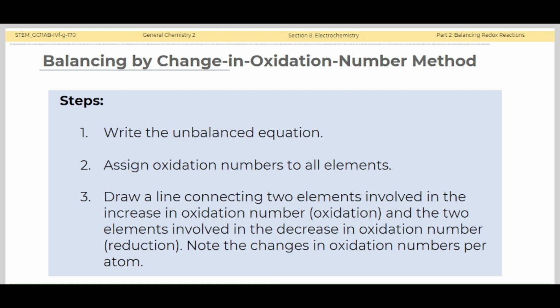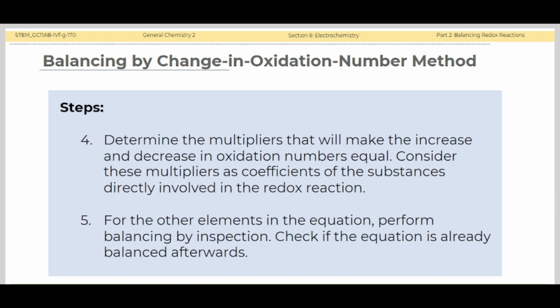Note the changes in oxidation numbers per atom. Number 4. Determine the multipliers that will make the increase and decrease in oxidation numbers equal. Consider these multipliers as coefficients of the substances directly involved in the redox reaction.